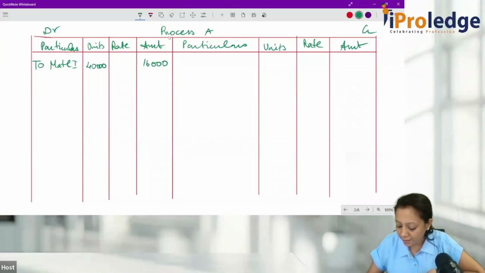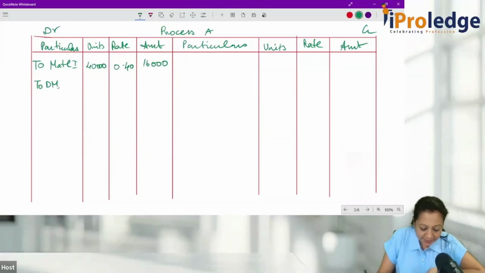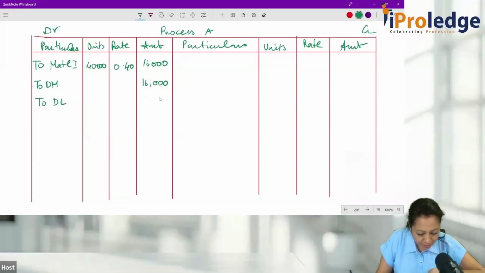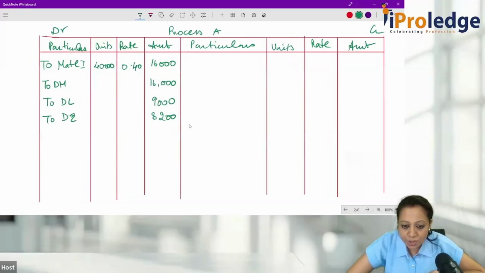Otherwise also it's fine. 16,000 divided by 40,000 is 0.4. Next up, direct material. It is going to be 16,000 given in the table. To direct labor, that is also given to be 9,000. And to direct expenses, it is going to be 8,200. Once I will show you.